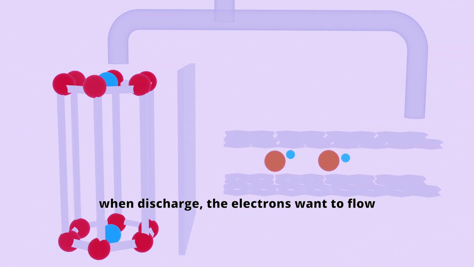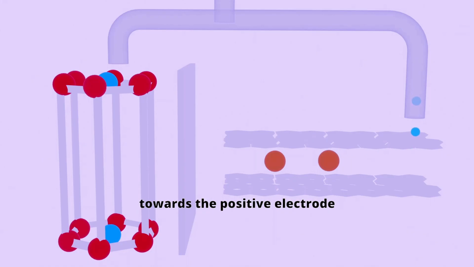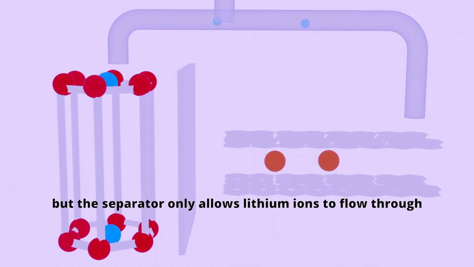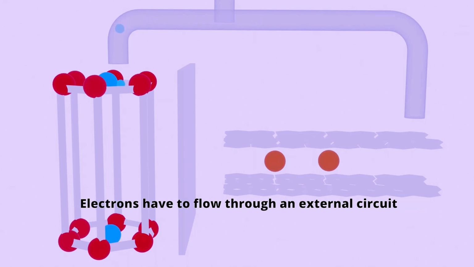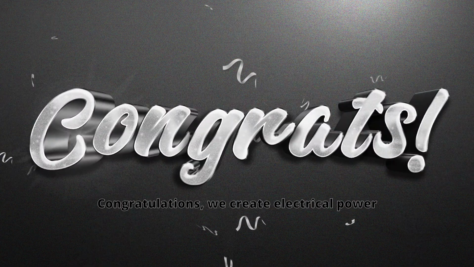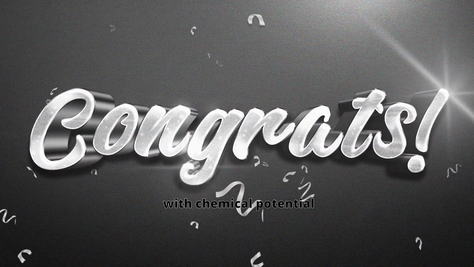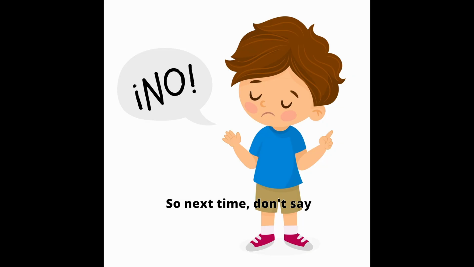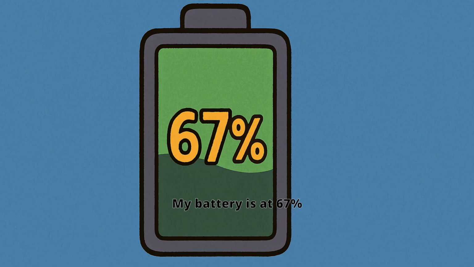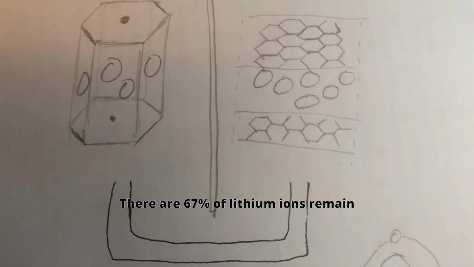After charging, the electrons want to flow towards the positive electrode, just like water wants to flow downstream, but the separator only allows lithium ions to flow through. Electrons have to flow through an external circuit to the positive side. Congratulations, we create electrical power with chemical potential. So next time, don't say, my battery is at 67%. Instead, you should say, 67% of lithium ions remain in the negative electrode.